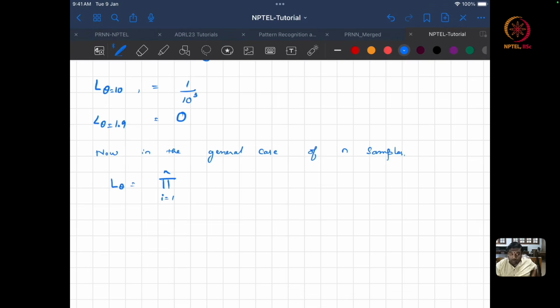So it will be the product for i equal to 1 to n of 1 over theta, to the power of n, into the indicator function of xi less than or equal to theta. Now this is 1 over theta to the power of n into the product of these indicator random variables.